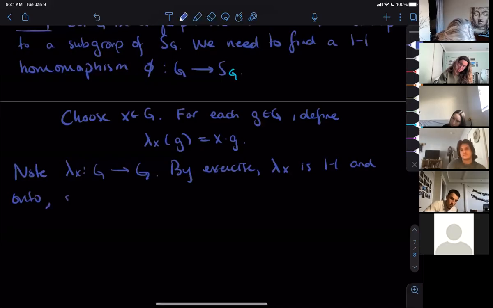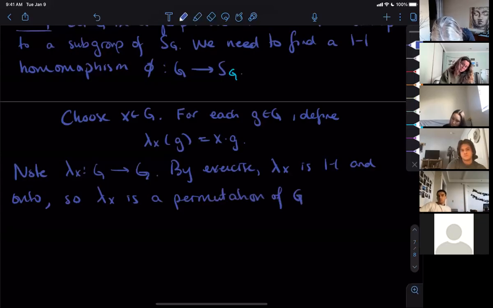So it's a permutation. That means lambda X is an element of S sub G.